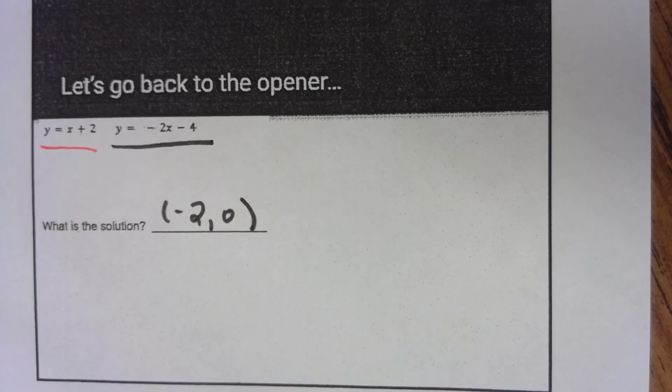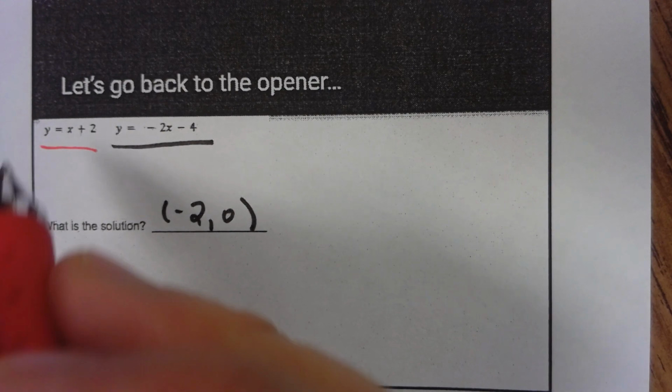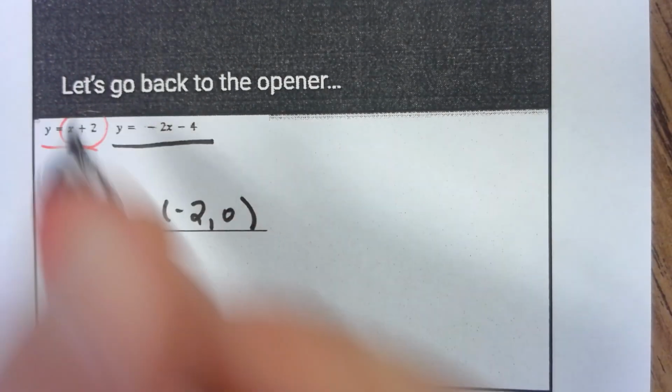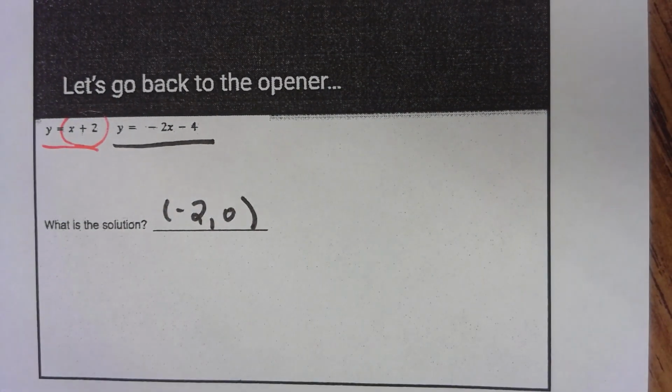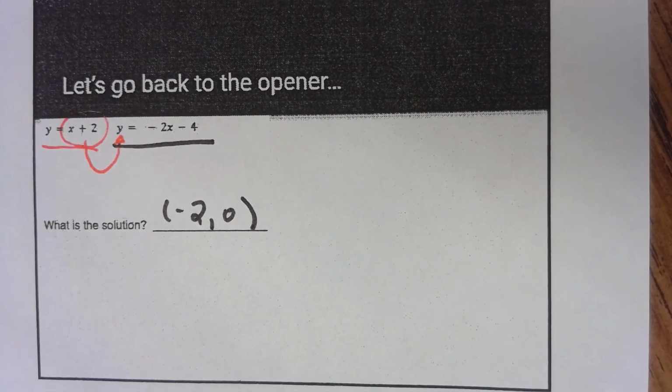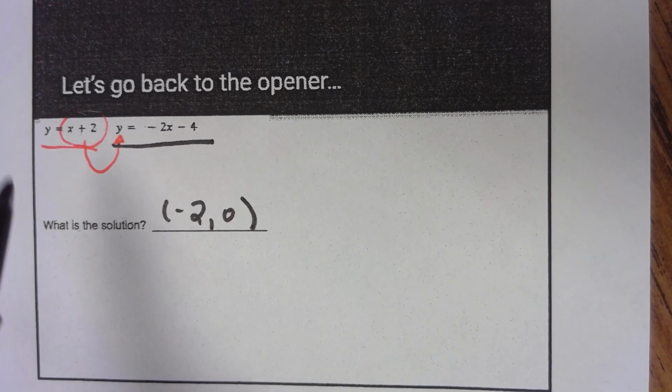Both equations are equal to y. And because they're both equal to y, we can take what one of those y's is equal to, and you'll see me circle that, and I can sub that in for y in the other equation. When I say substitute, you can almost think of replace. I'm basically replacing the y in the other equation with what it's equal to, being x plus 2.